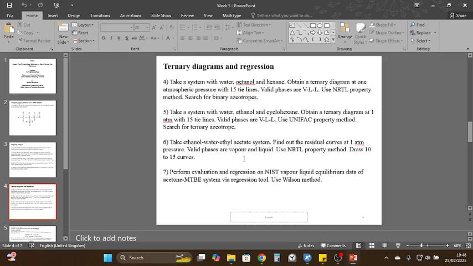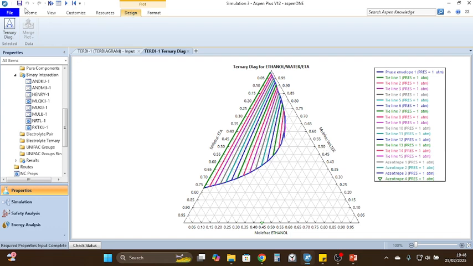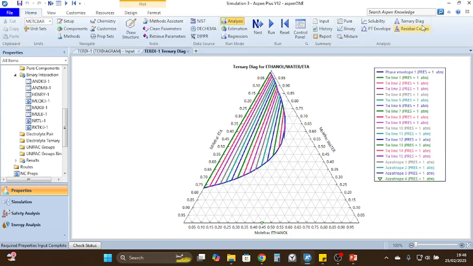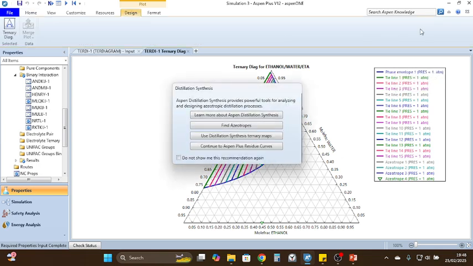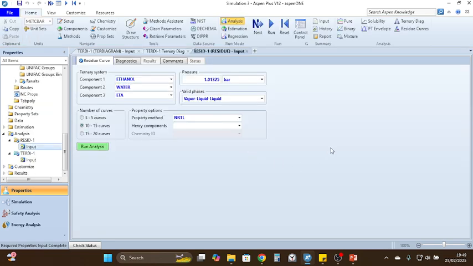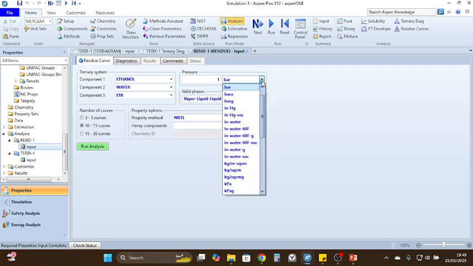Next, what we have to do is the residue curves. So we are going to go to home. Next, we are going to select the residue curves, so we continue to Aspen Plus residue curves. Over here, the system is given. The number of curves is 10 to 15, and the pressure I'm going to set as 1 atmosphere.